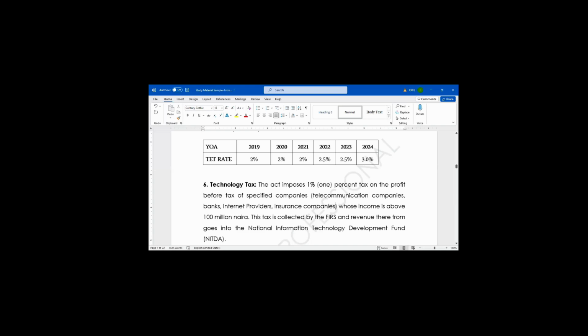So we have the list of industries whose companies pay technology tax. Number one, telecommunication companies, banks, internet service providers, insurance companies. We also have payment service solution companies, like Remita and Unified Payment System. So most of the companies that make use of technology.